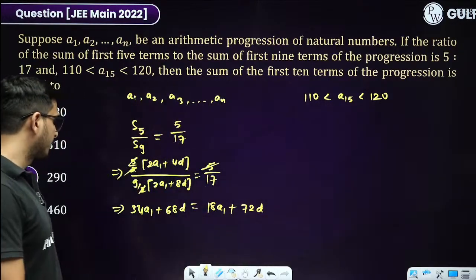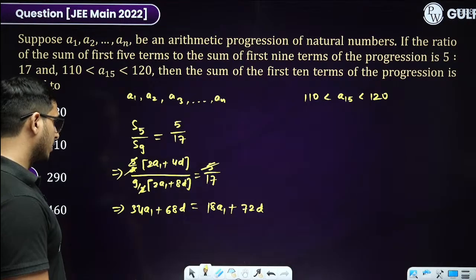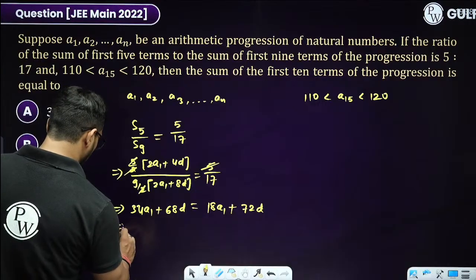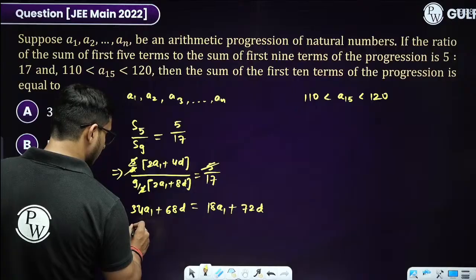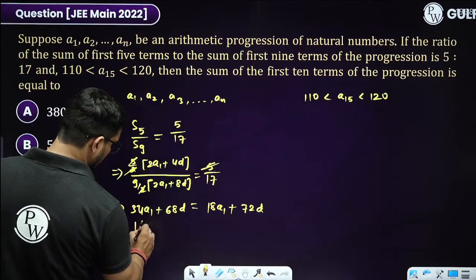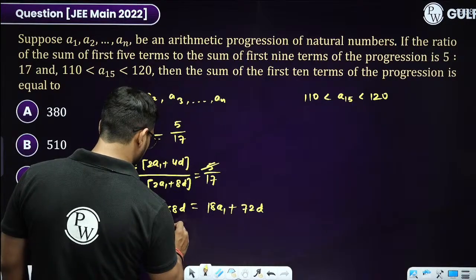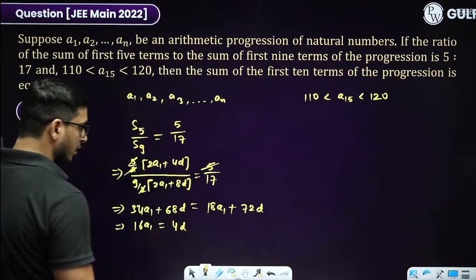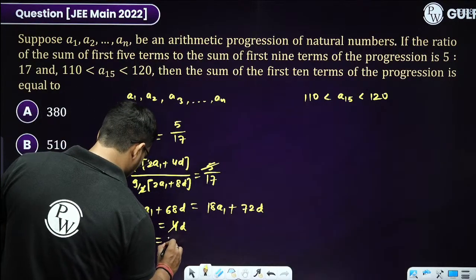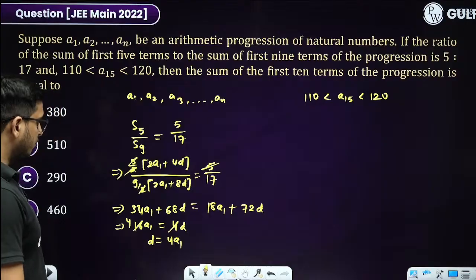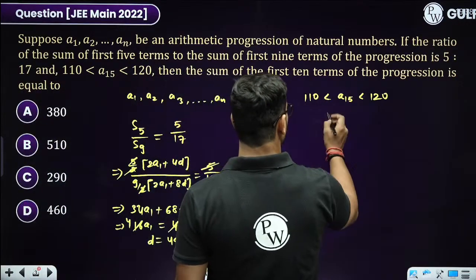Please check. Yes, sir. So we have how much this side? This side 16A1, and here we have 4D. Correct? So D is 4A1. Correct.